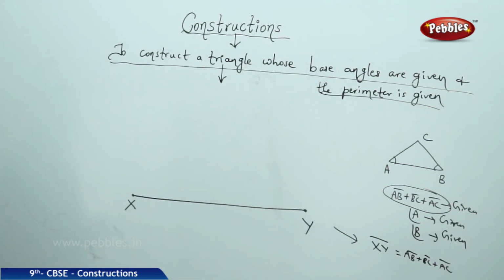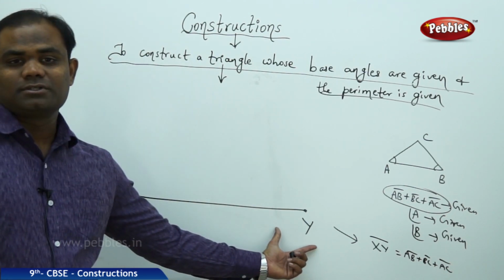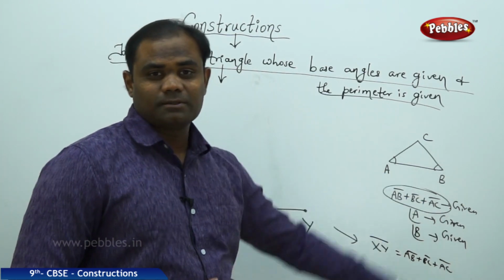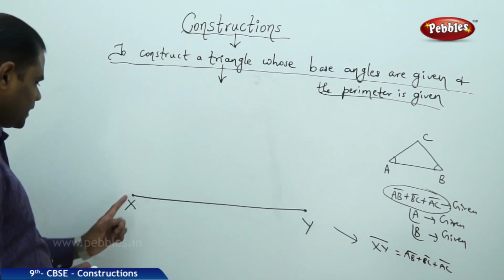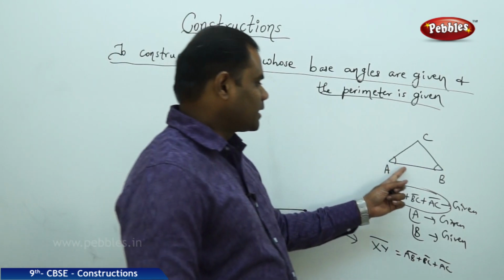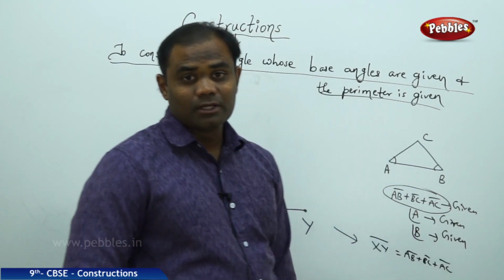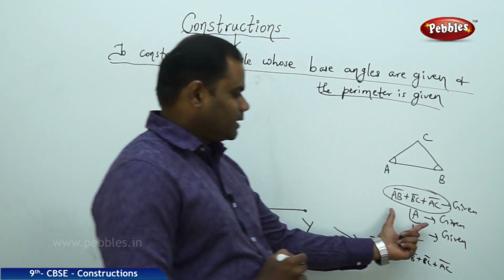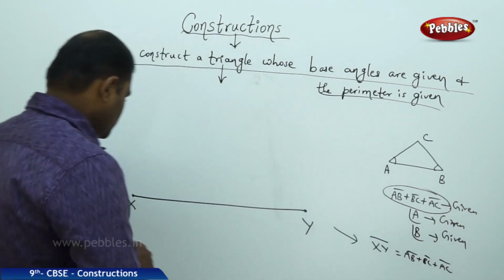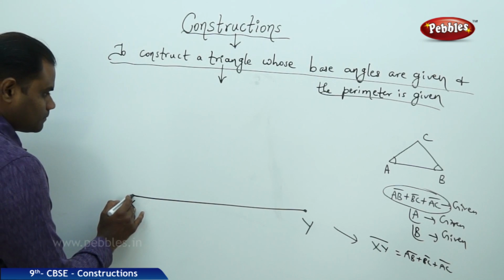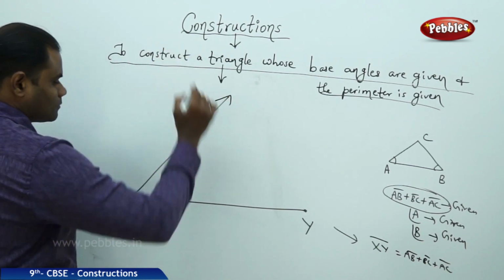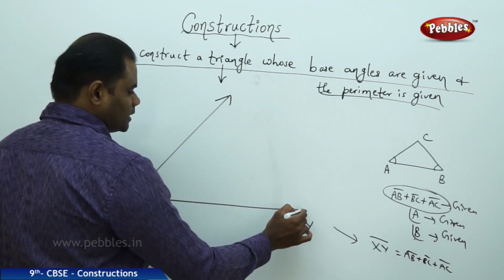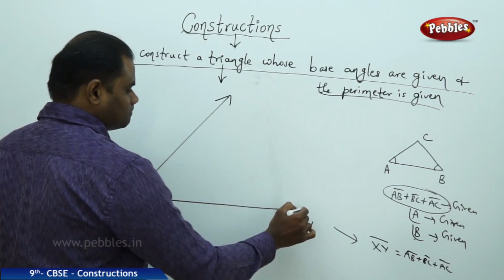So I draw a line segment base XY which is nothing but the perimeter of the required triangle ABC. Now from X and Y I draw the base angles A and B which are given, as I draw here. My base angle A value is drawn as an angle out here, and my base angle B is drawn from Y from here.